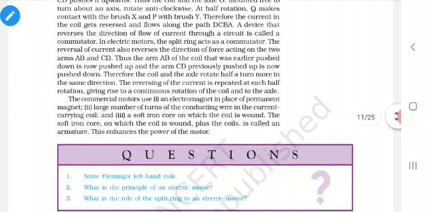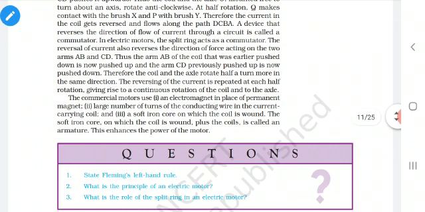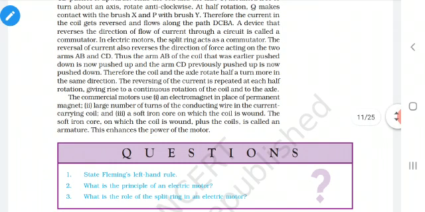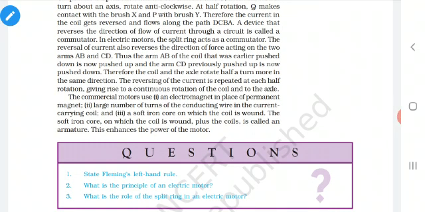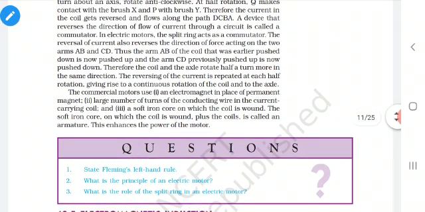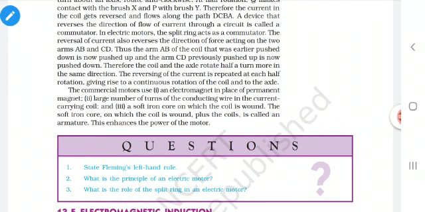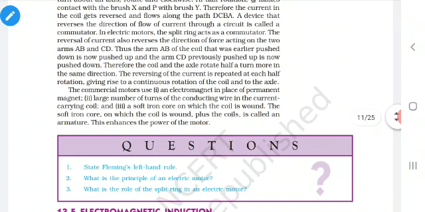So in AB the current flows in the downward direction and in CD in the upward direction. That means the force in the right arm is upward and the force in the left arm is downward. It enables the complete rotation, and the motor operates in a complete rotatory manner.